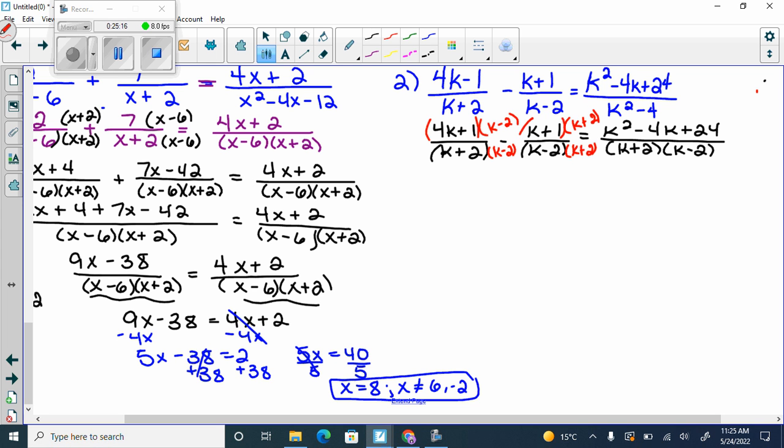Now we distribute our numerators. Can we distribute our denominators? Never.